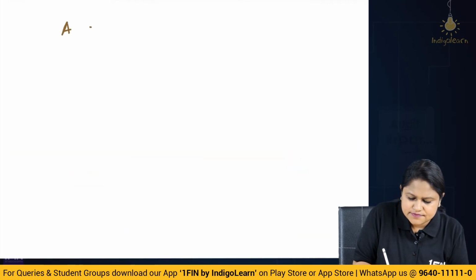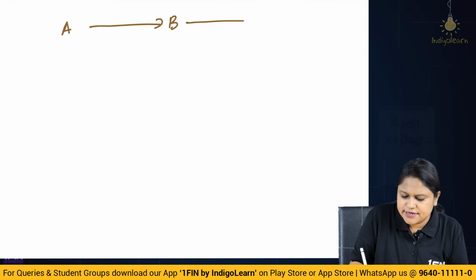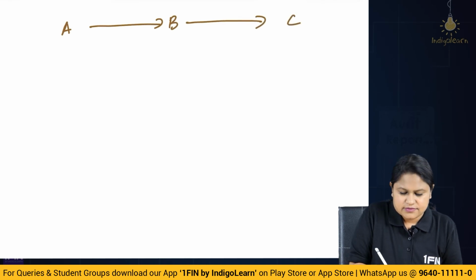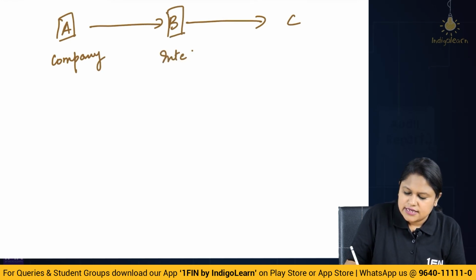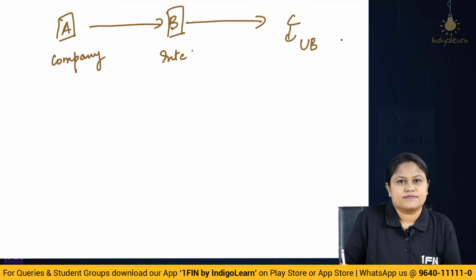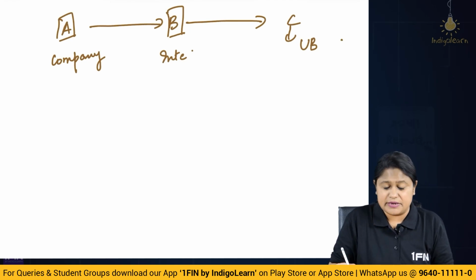First, A Limited to B Limited to C Limited. This is the company, this is the intermediary, and this is the ultimate beneficiary. We are focusing on what? The disclosure requirement.